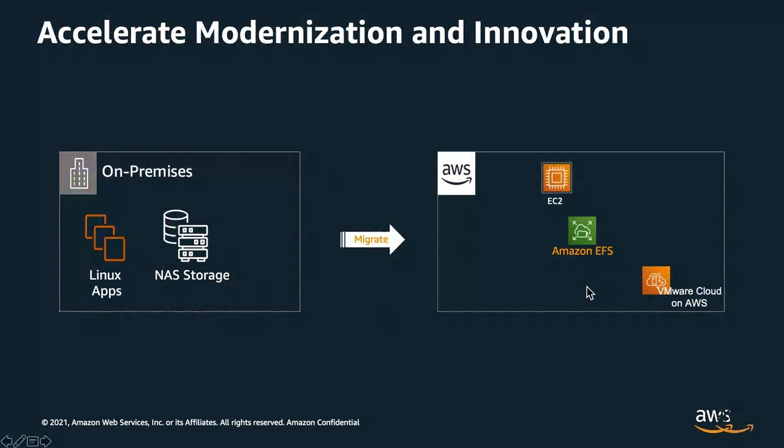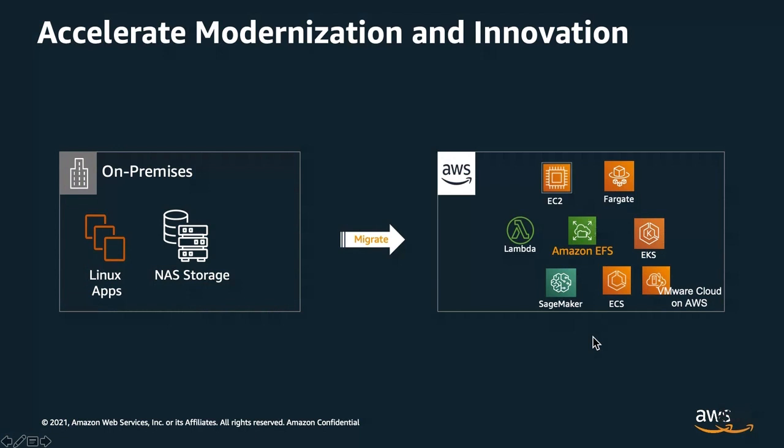But many of our customers, after the initial migration, have modernized their applications. For example, they containerize their applications to access the Elastic File System. They have written serverless Lambda functions that can store and access the data in Elastic File System. They have used AI/ML services like SageMaker to access the data in Elastic File System.